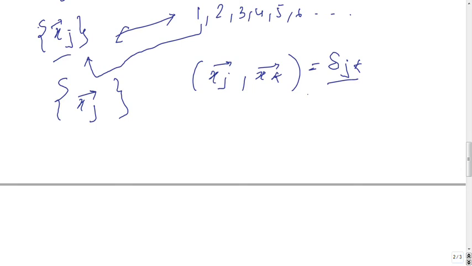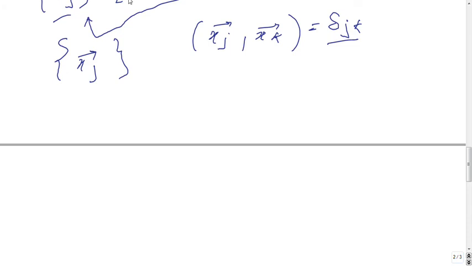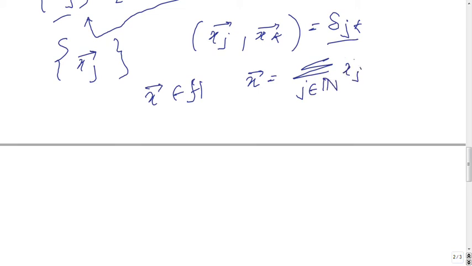And every vector x in H can be written in a unique way as a summation over j, taken from the set of natural numbers, of x_j and the component of x along the x_j basis vector.